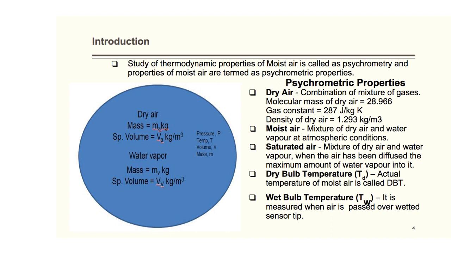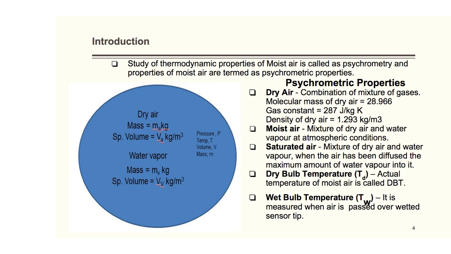So now what is moist air? Moist air is the mixture of dry air as well as water vapor. So in our environment we find moist air, not completely dry air. Saturated air: we term the environmental air as saturated air when the absorption of water vapor into dry air has reached its maximum limit.